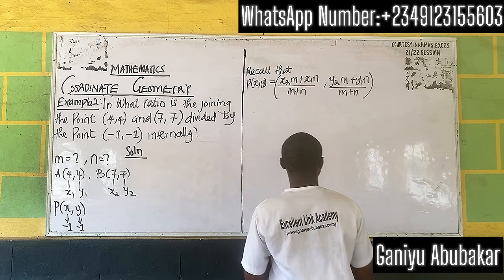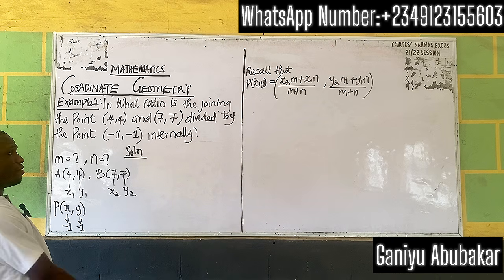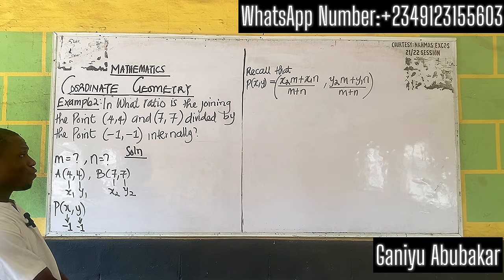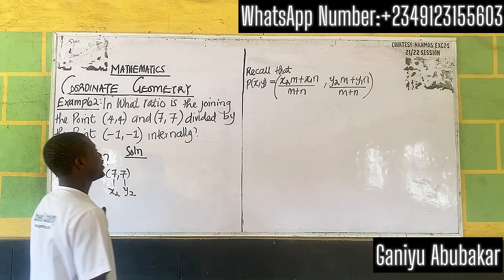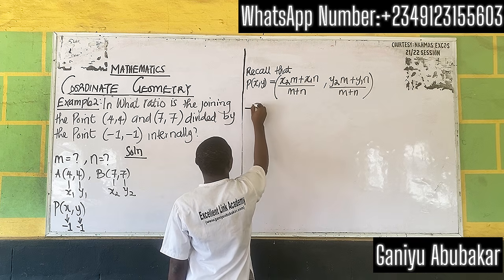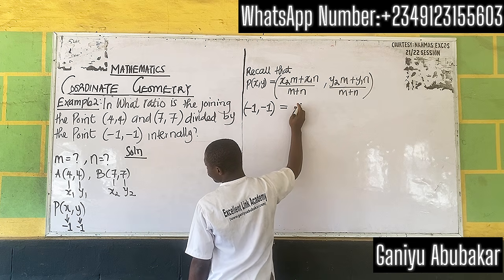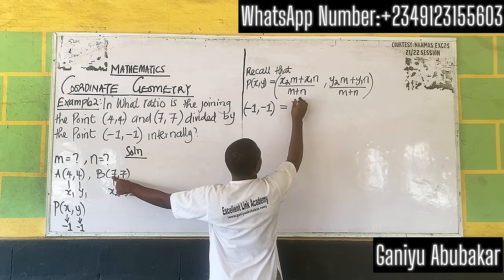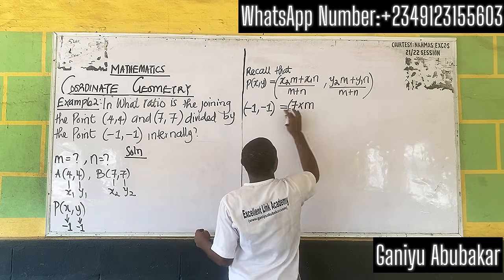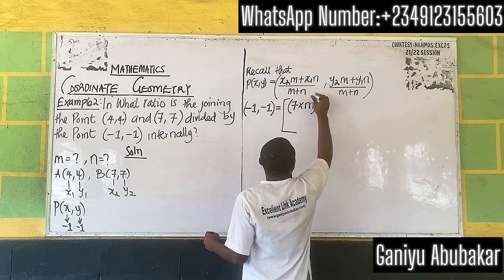This is the formula for internal. For external it is negative, for internal it is positive. So I'm very positive here. Let's put in values and see what we get. I look for m and n in this case. First things first, P of x comma y, that's negative 1 comma negative 1, is equal to x2. x2 is 7 times m, which is unknown, plus x1.